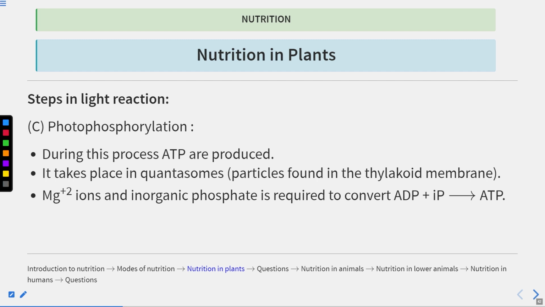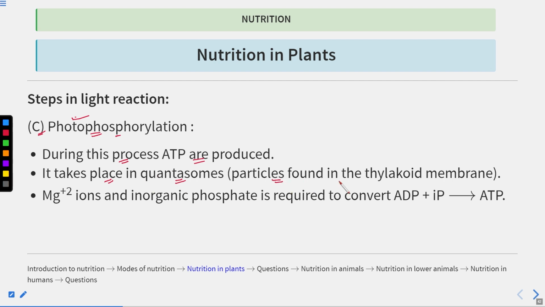Now the third step was photophosphorylation. During this process, ATP is produced in the presence of light. What is the site of photophosphorylation? It takes place in the quantasomes. What are quantasomes?